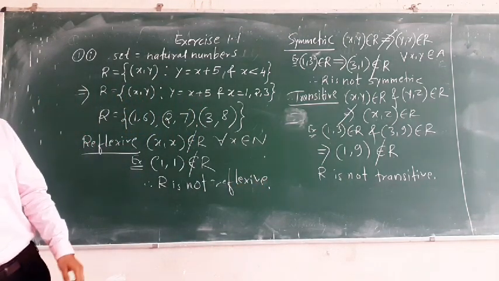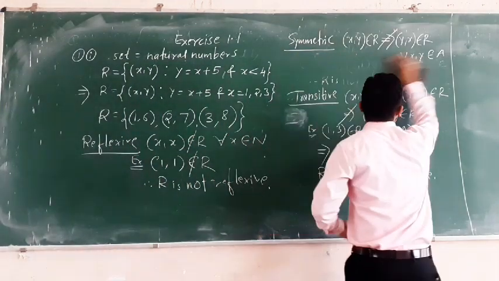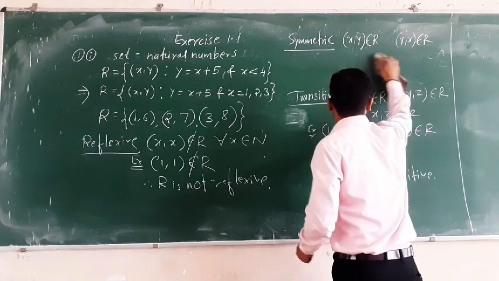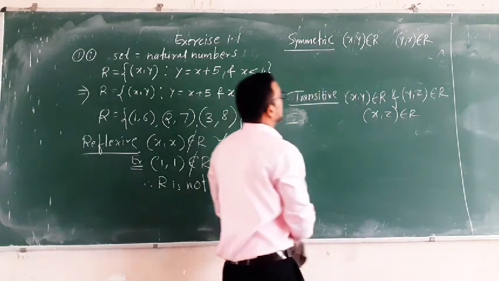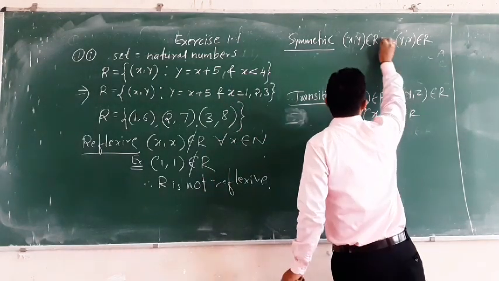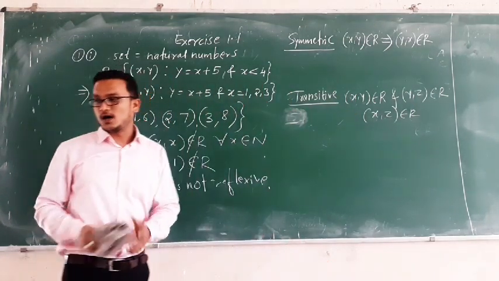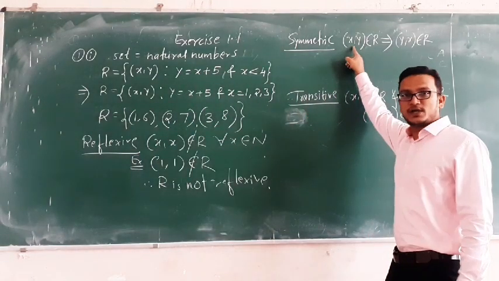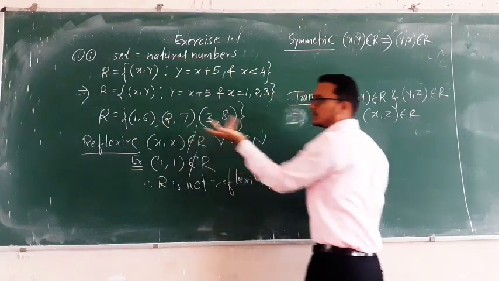Now similarly, you are going to check symmetric. The definition is: (x, y) belongs to R implies (y, x) belongs to R. What does a symmetric relation say? Choose one ordered pair which is present in R. Here we have these 3 ordered pairs, and you can choose any one.